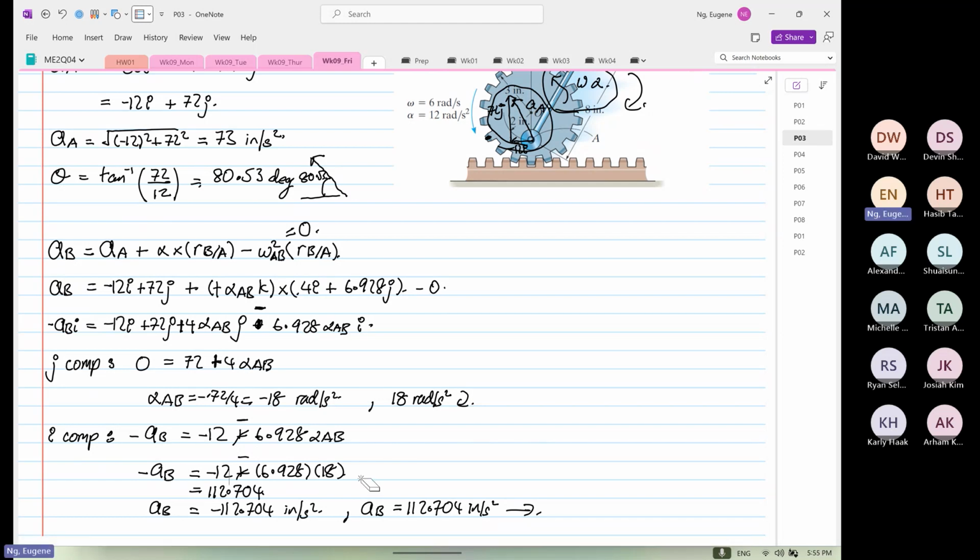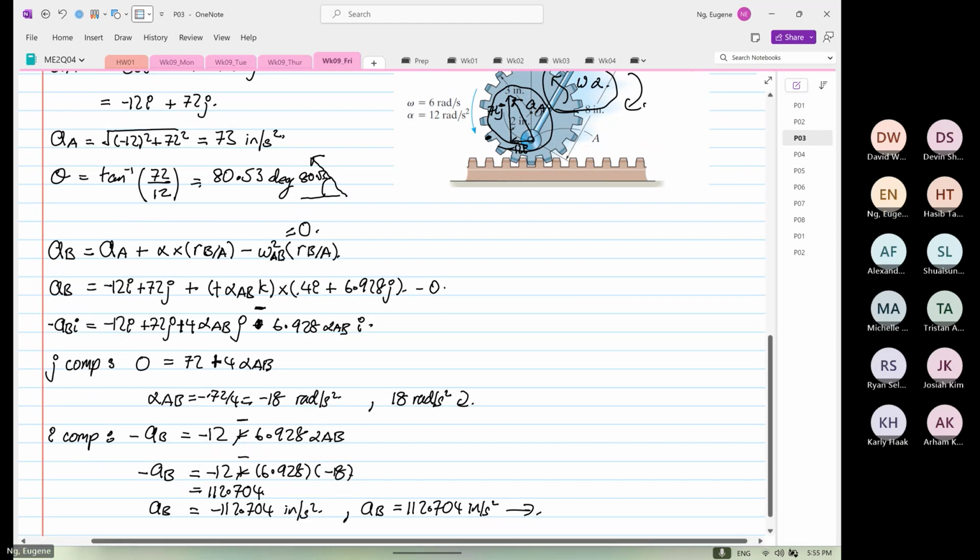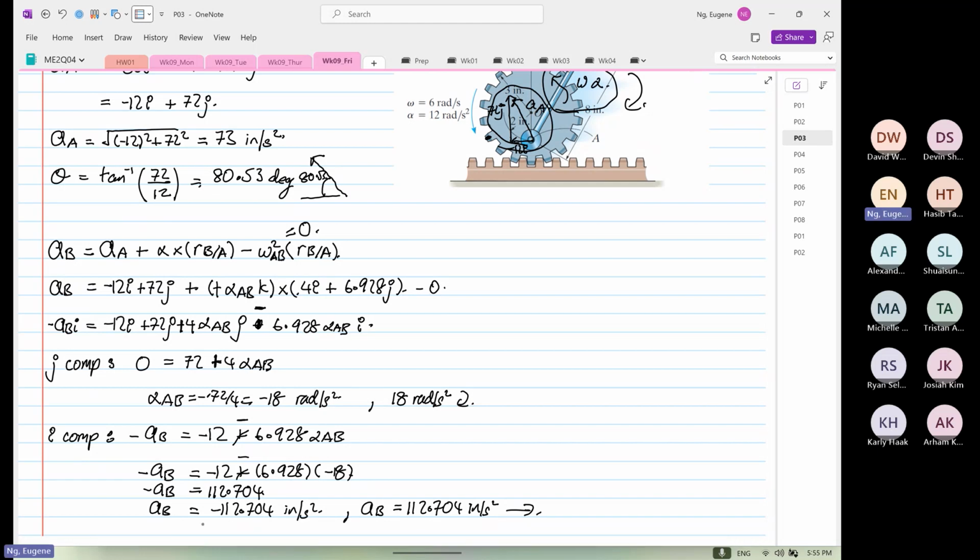So my 18 now will also be minus. So from here, minus AB will be equal to positive 112.704. Am I right? Right. So AB is equal to my minus. So the direction is correct. Thank you for flagging that up for me. Yes.